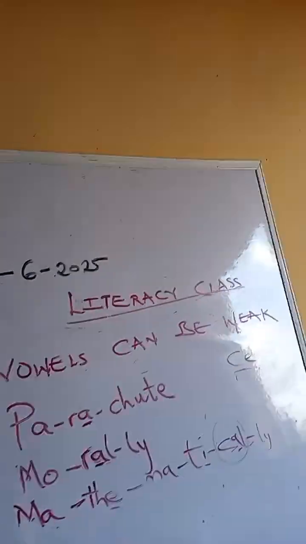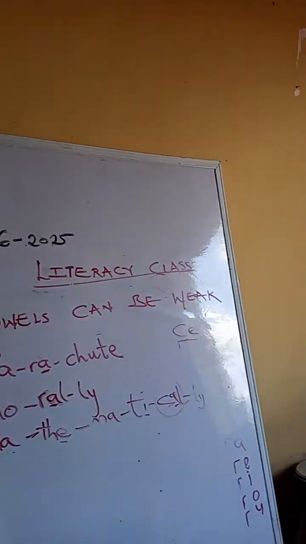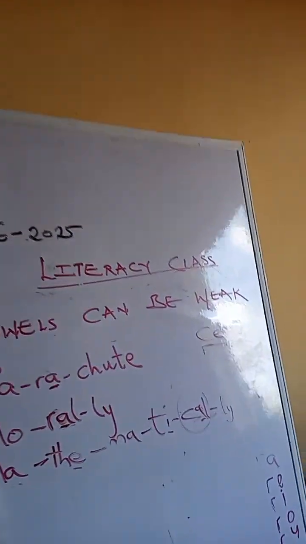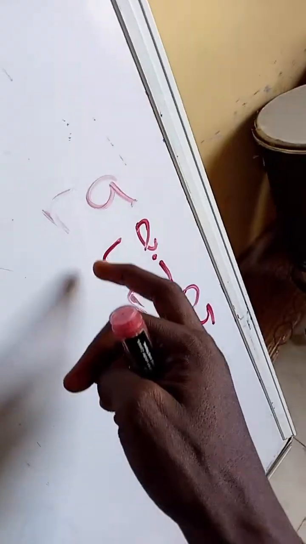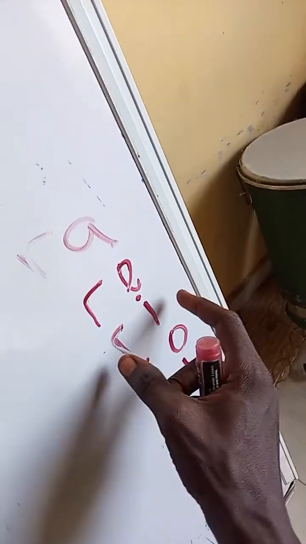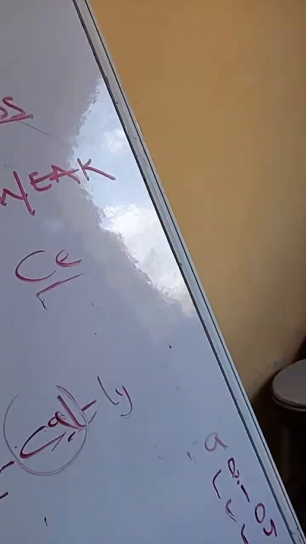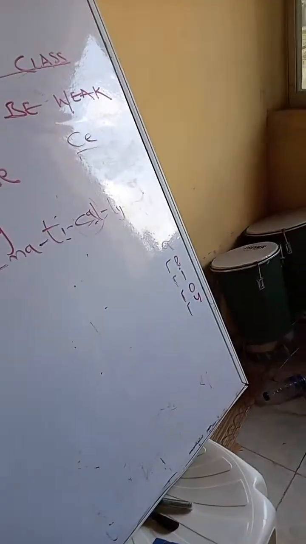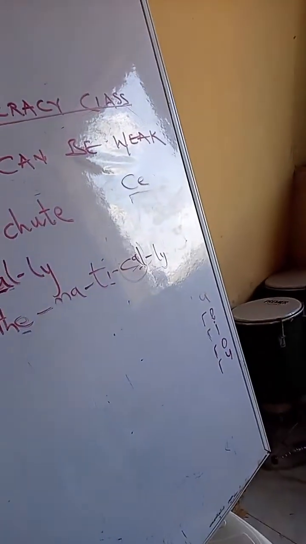Now there's one vowel that is also weak. That vowel is not making its original sound. Don't forget, this is re. Now the E. Imagine if you don't know that the E is weak there. How would you have pronounced the word before?